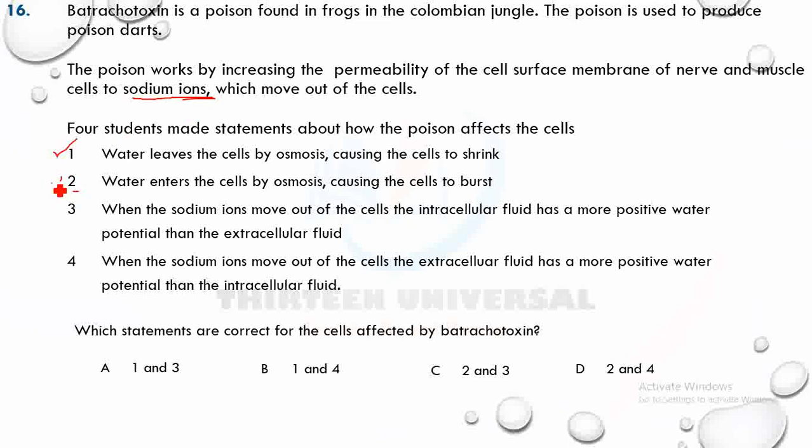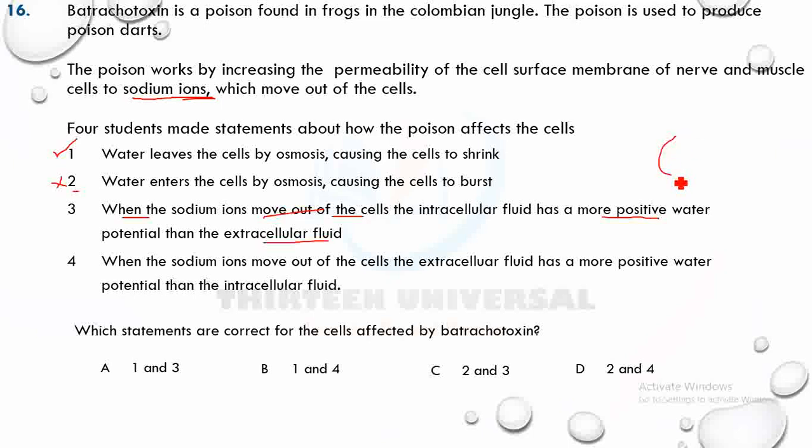So this is wrong. Number 3 says when sodium ions move out of the cells, the intracellular fluid has a more positive water potential than the extracellular fluid. Yes. So intracellular fluid has more positive, meaning less negative, and less negative means higher water potential.